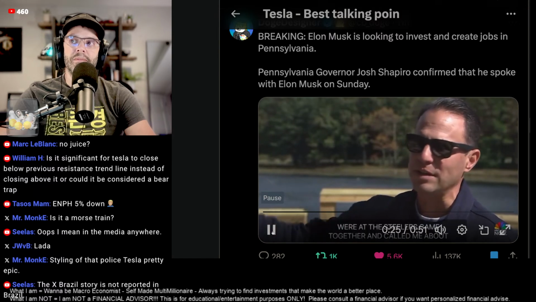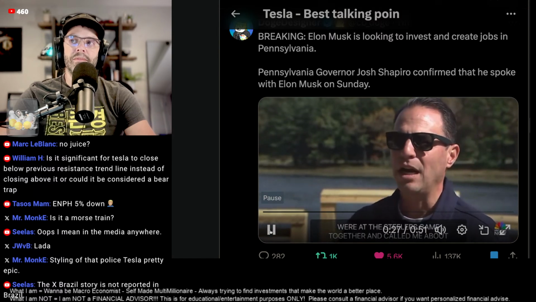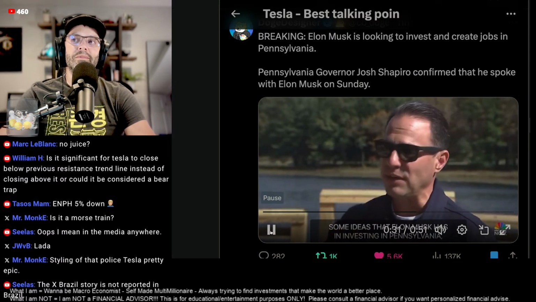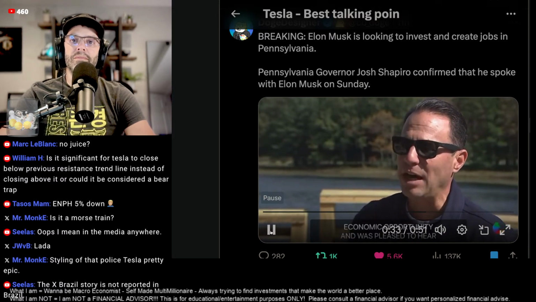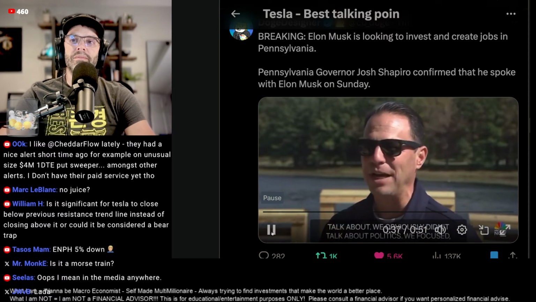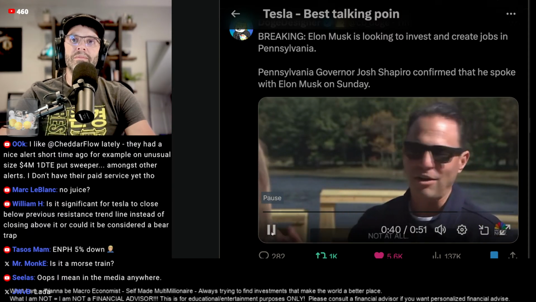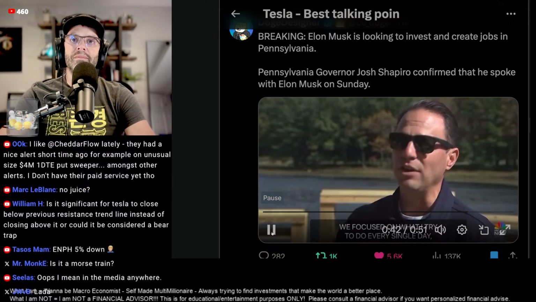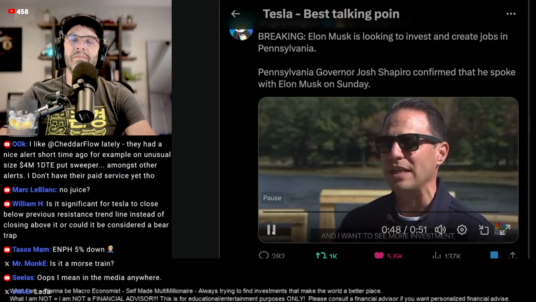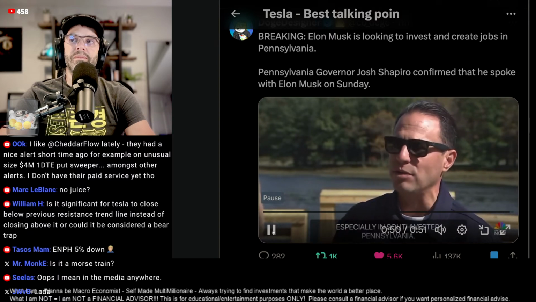Thomas and Elon were at the Steelers game together and called me about some ideas that Elon Musk has in investing in Pennsylvania, creating jobs and economic opportunity, and I was pleased to hear him talk about it. We obviously didn't talk about politics. You didn't talk about politics at all? No, not at all. We focused on what I try and do every single day, which is bringing jobs and economic opportunity and growth to Pennsylvania, and I want to see more investment, especially in southwestern Pennsylvania.